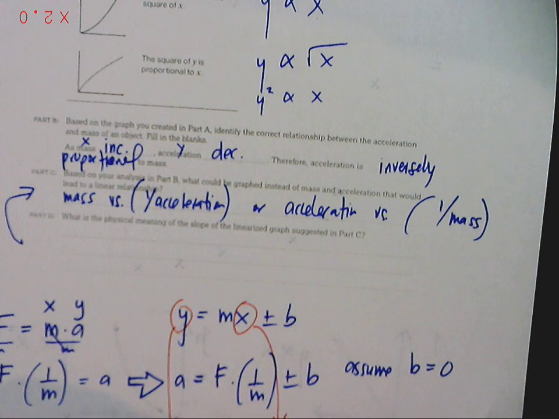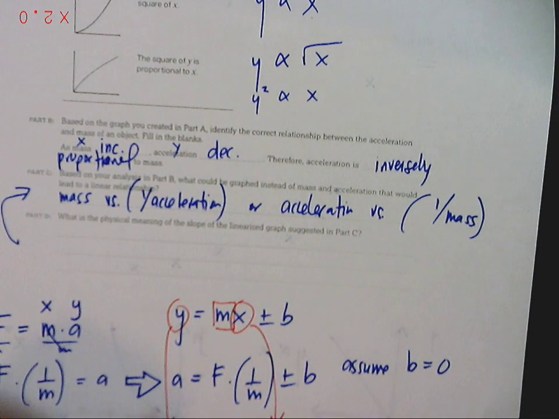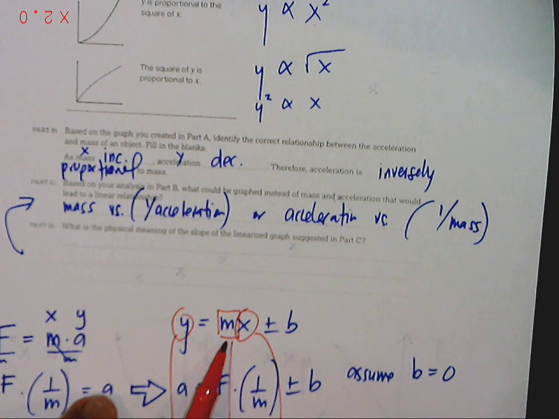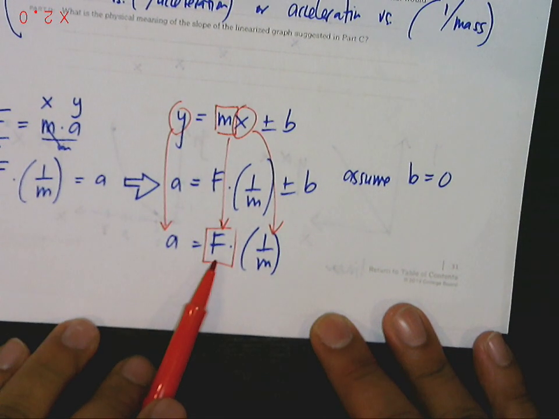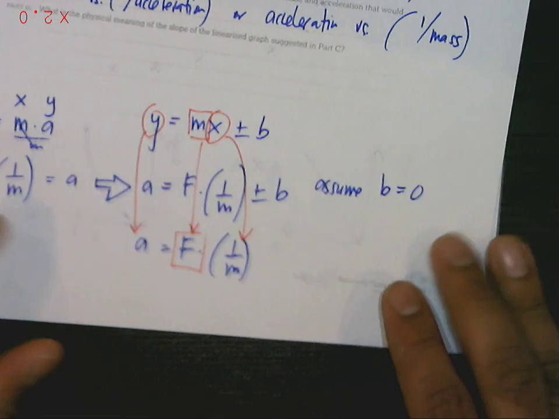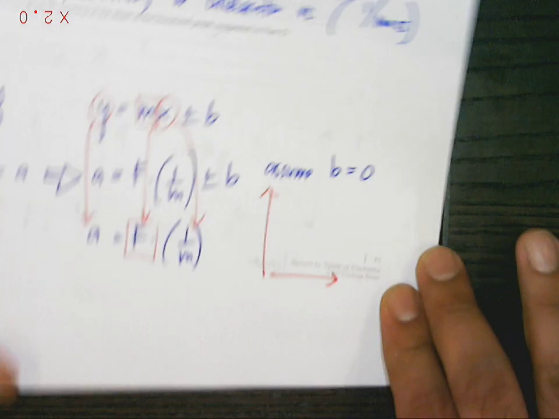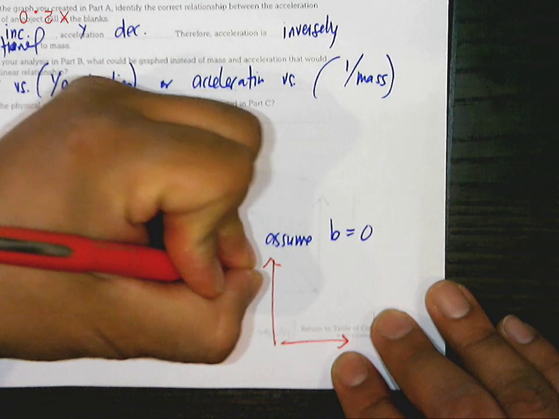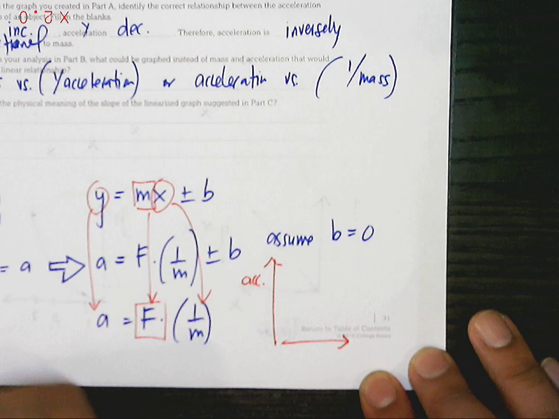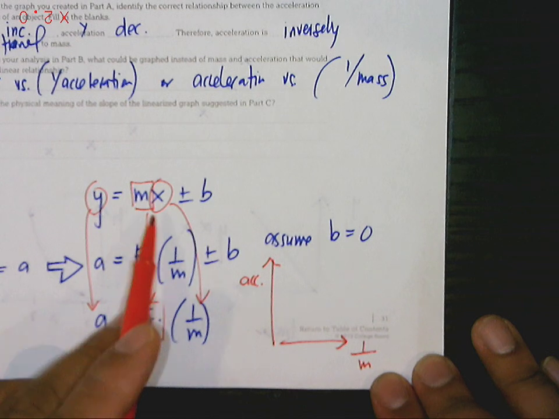So in this case, the last thing that's left over when I rewrite in the y equals mx plus b format is, what is the physical meaning of the slope? Well, the physical meaning of the slope is going to be the force. And that makes sense because the slope is not changing in the linear graph. If I was graphing it out, I would have acceleration here on the y-axis, and 1 over mass, which is now my x-axis.